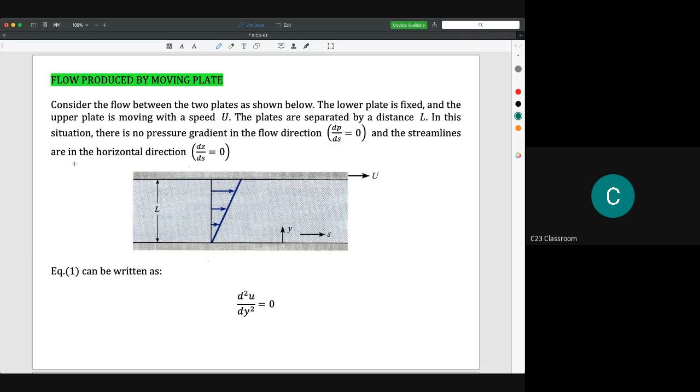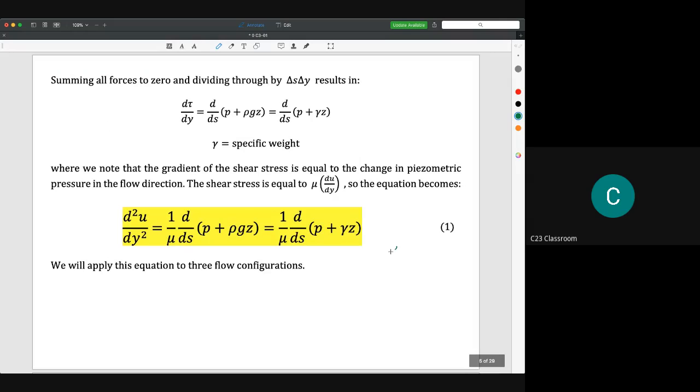So we have this, and then we simplify into our first term here. We have d²u/dy² equal to all of this term. We found that dP/ds is equal to 0 because our application is open to atmospheric pressure, and at the same time dz/ds is equal to 0.